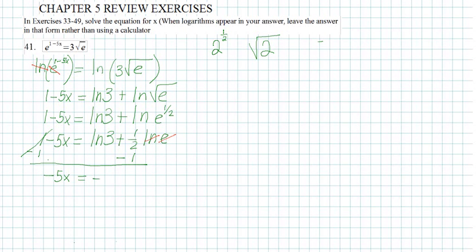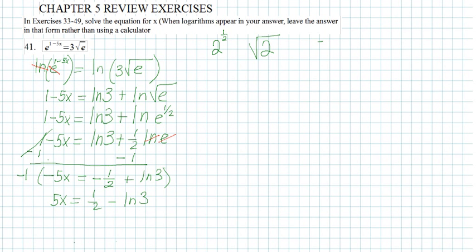So I have minus 1 over 2 plus the natural logarithm of 3. I just switch places. All right, so now I have negative 5x, and I don't really like negative x, so I'm going to multiply the whole thing by negative 1. So now I have 5x equals 1/2 minus natural logarithm of 3.